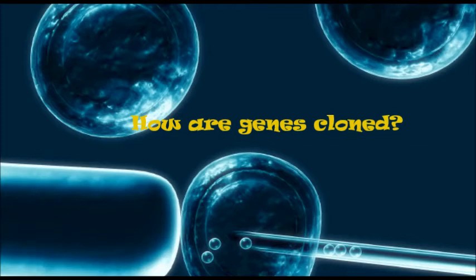Examples of vectors are bacteria, yeast cells, viruses, or plasmids, and these carry the DNA. Then, under laboratory conditions, scientists can control the multiplication of these genes, and that is the cloning.